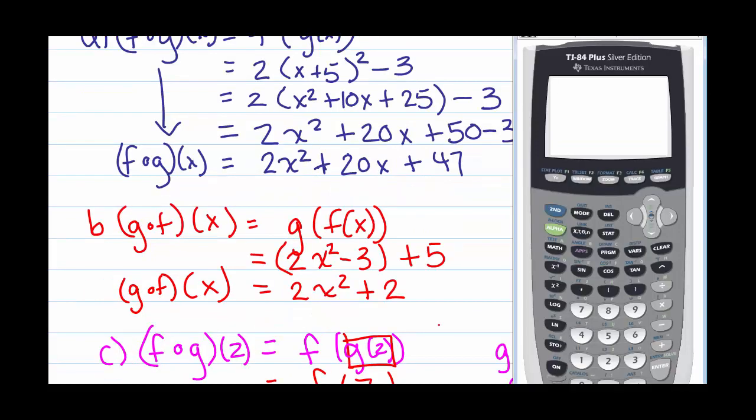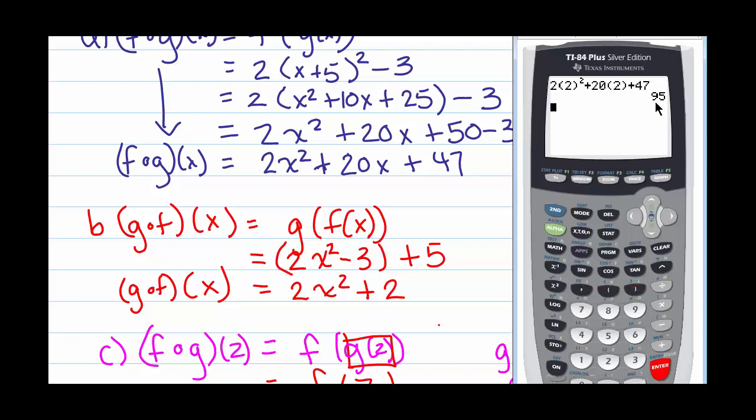Okay, now we're going to check this. So here I have a graphing calculator because that's what I have on my computer. But I have 2, open my parentheses. We have 2 squared plus 20 times 2 plus 47.